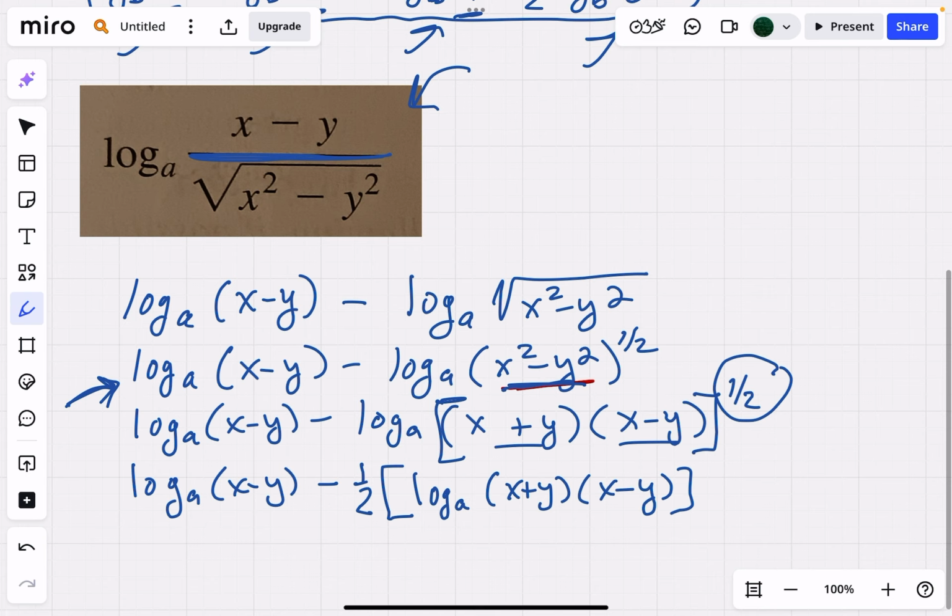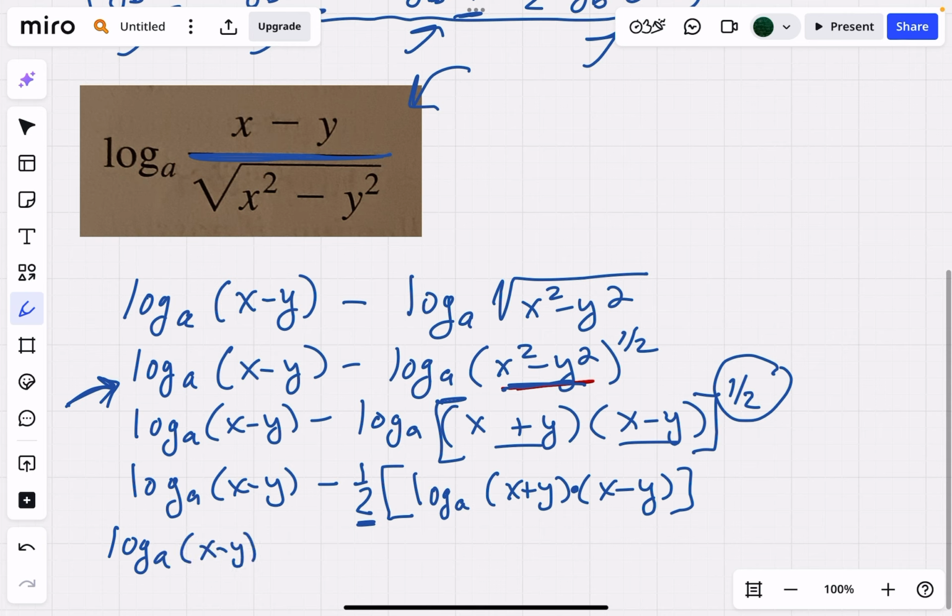And now what you can actually do is, since this is a product, then you can break that up as the sum, provided you are distributing your half. So we are going to rewrite this. This has not changed yet.